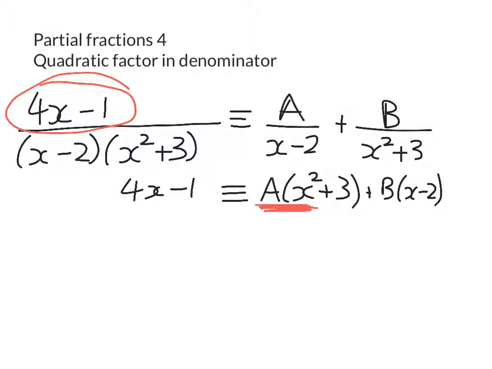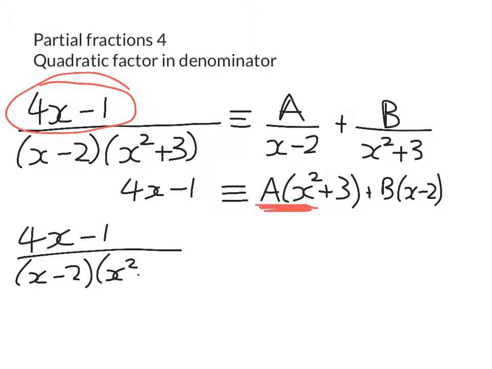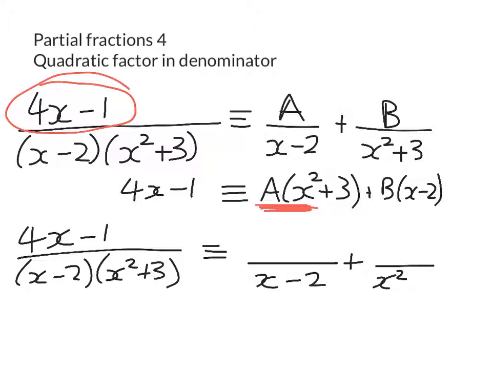So the way we're going to do that is like this. We're going to have 4x minus 1. So when we split this time into our two factors, here we're still going to have a constant A here, but we're going to have a linear factor up here.